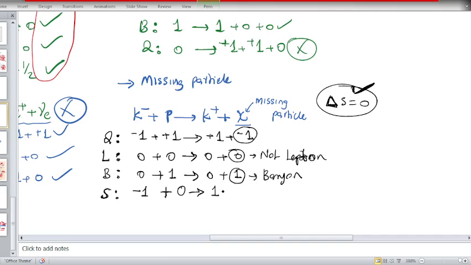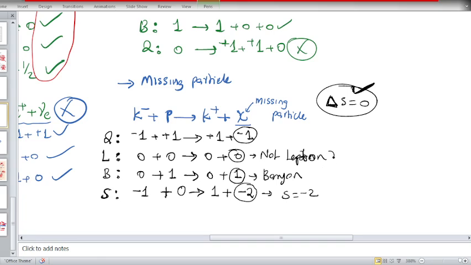In order to make strangeness conserved, the missing particle should have a strangeness of -2, and it is a baryon with a charge of -1.